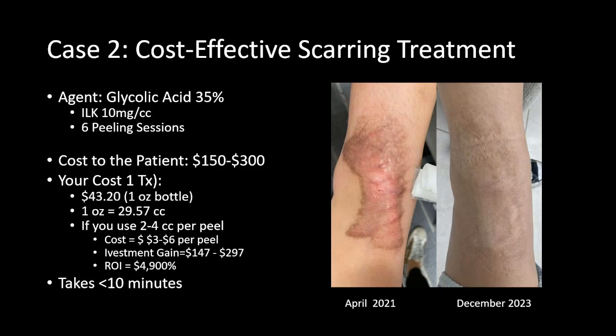And I'm curious, I see this was just a recent photo here, but does anyone on the panel feel like the peels will continue to improve upon that hypopigmentation that's there, and to what degree, versus introducing a fractional ablative or non-ablative laser and topical bimatoprost to try to bring some pigment back? I think that's a great idea. I think at this point, a fractional laser and topical bimatoprost is definitely the way to go.